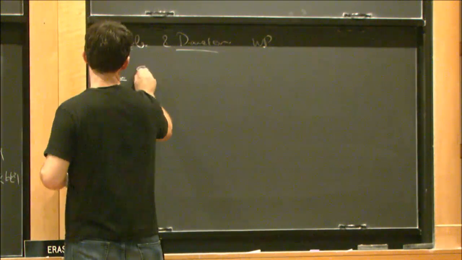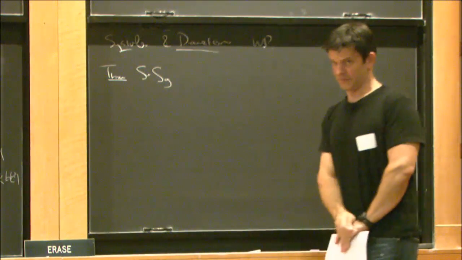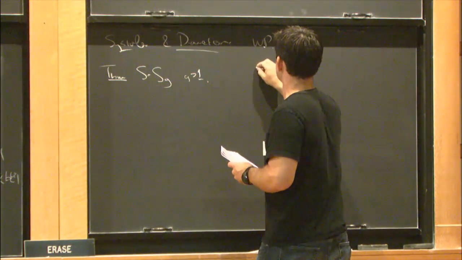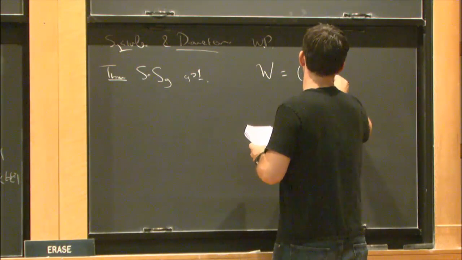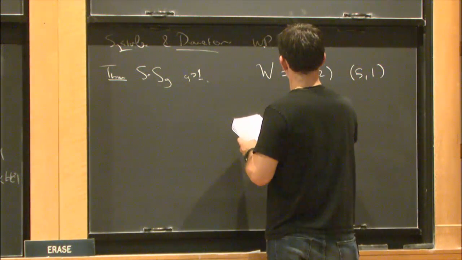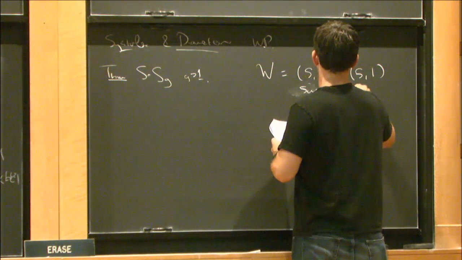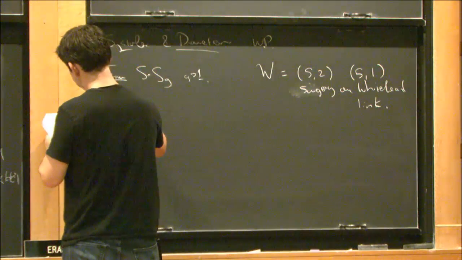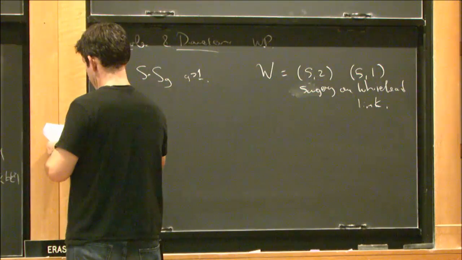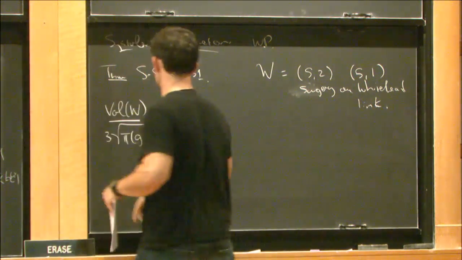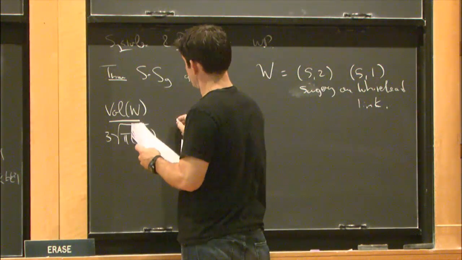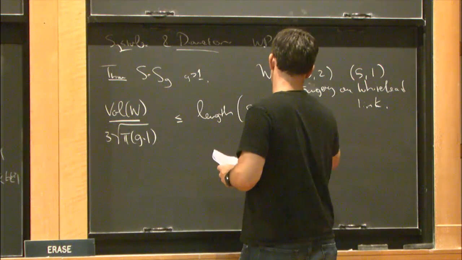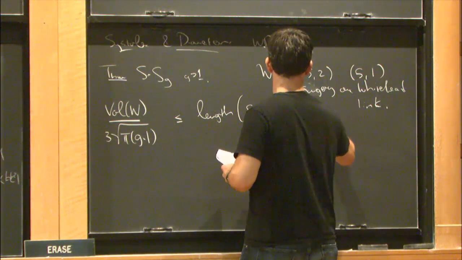If we take the closed surface, so that the 3-manifold that fibers over the circle is closed in particular, and we take the Weeks manifold, which is the 5/1, 5/2 Dehn surgery on the Whitehead link, then its volume over 3 times square root of pi times g minus 1, which is just some perturbation of this area square root, is less than or equal to the length of the systole in the Weil-Petersson metric of the moduli space of S.